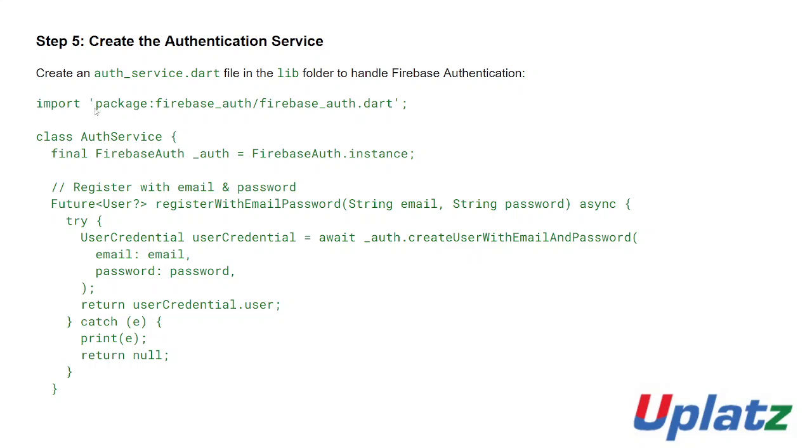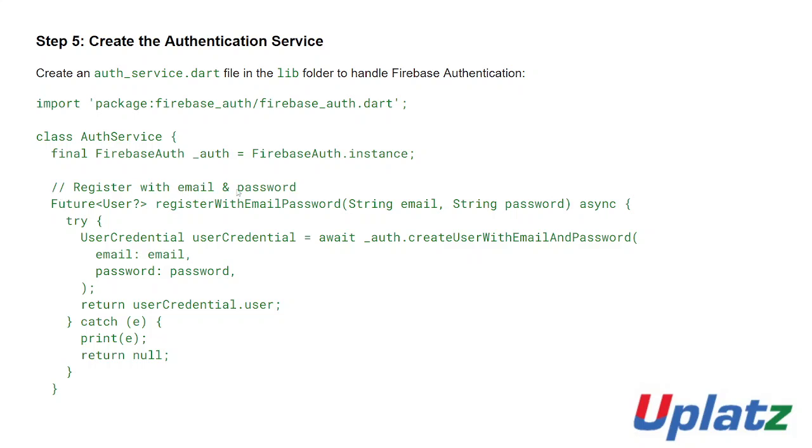Import within quotes package:firebase_auth/firebase_auth.dart. class AuthService, then open brackets, final FirebaseAuth _auth, this is a private object of type FirebaseAuth, is equal to FirebaseAuth.instance, as we learned in our previous lesson also.